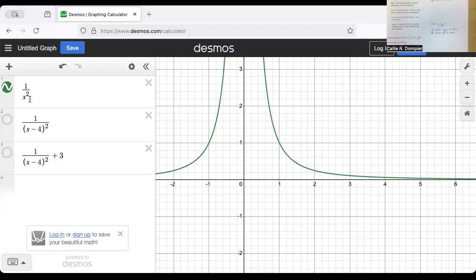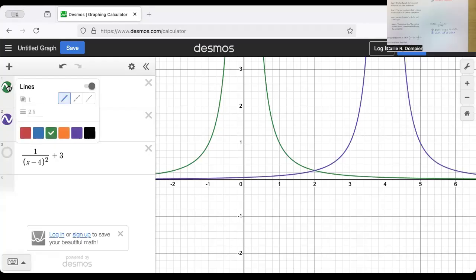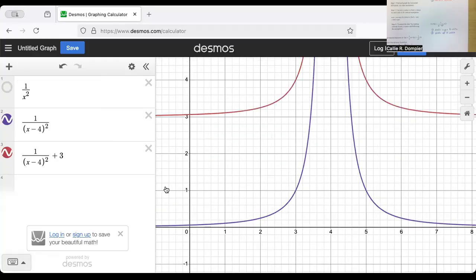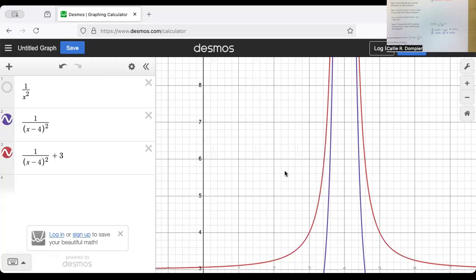We've got our 1 over x squared, shifting it to the right 4 units. And from here, shifting it up 3 units. And what we end up with is the red one.